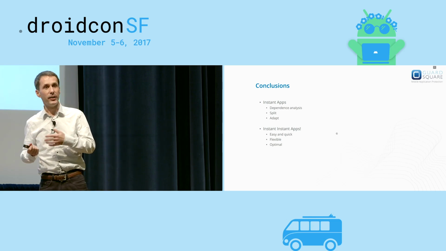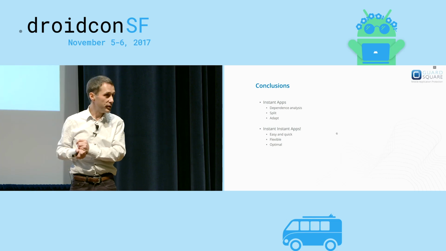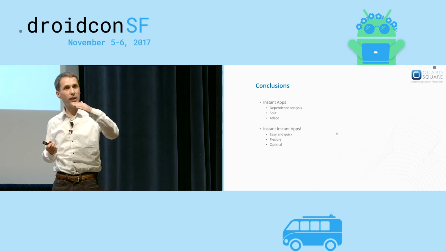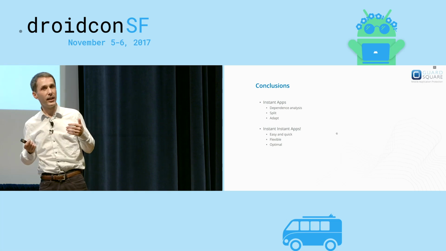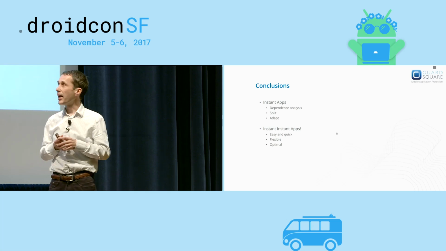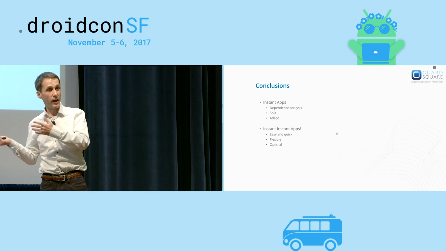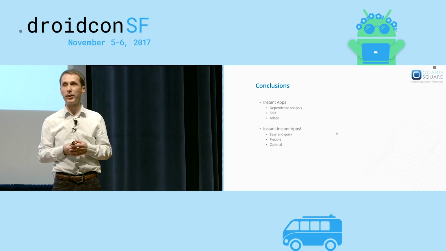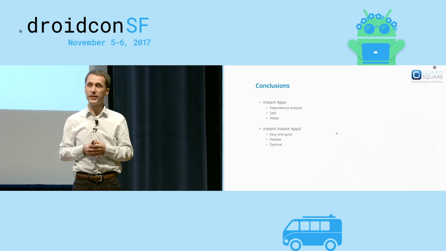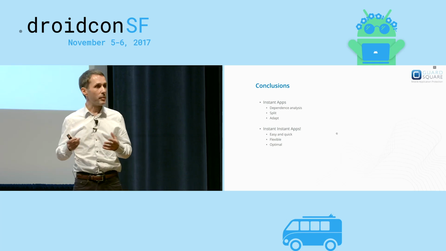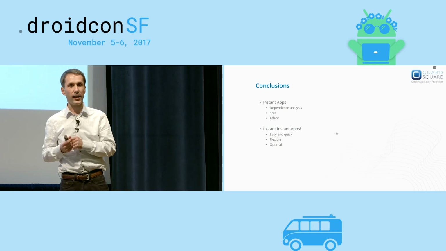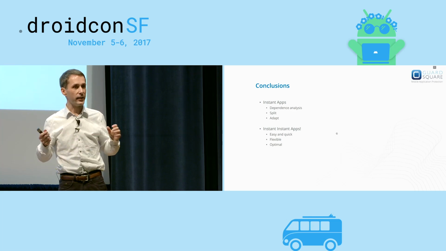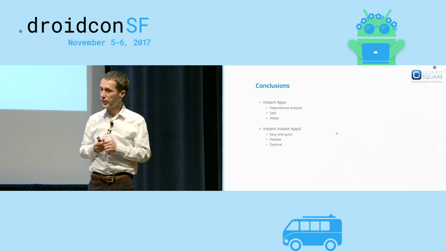That means they are instant to end users, but they're now also instant to developers. With just a few lines of configurations, as you could see, you can create your own instant app. And as I've argued, this is easy and quick to set up. It's flexible to experiment with, as shown in our tests. And it's also optimal, because in each build, that analysis is redone and you get the optimal partitioning for your project at that time.